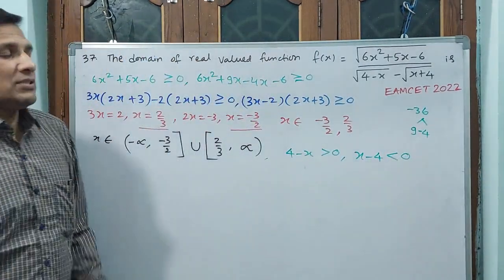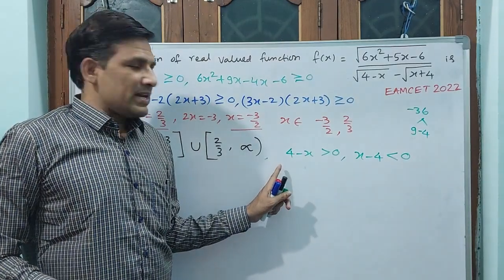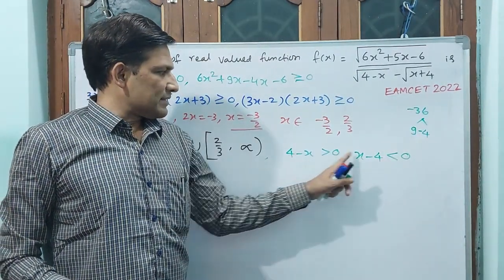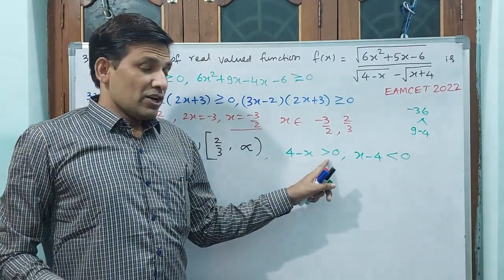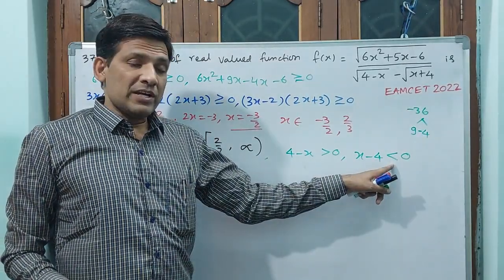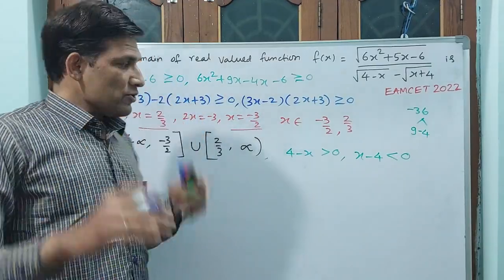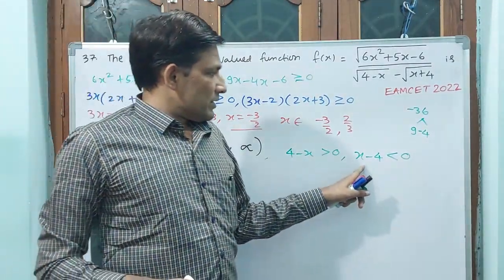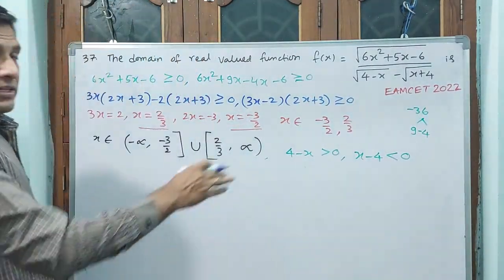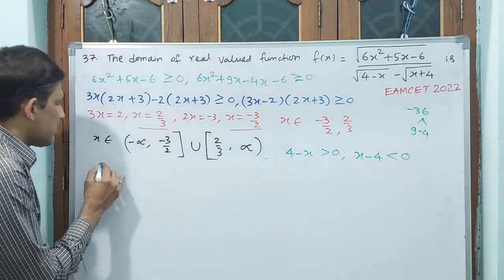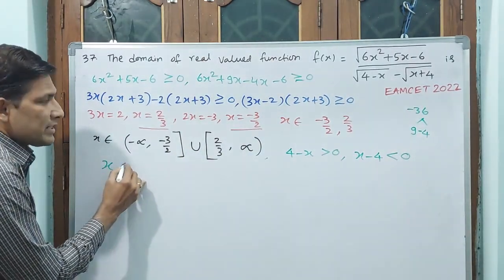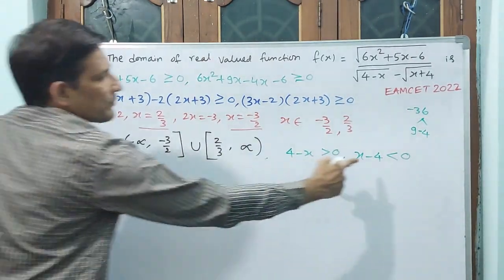The greater than is going to become less than if you multiply with minus. Now you tell me, x minus 4 is less than 0 means what will be the x value? x will be less than 4.